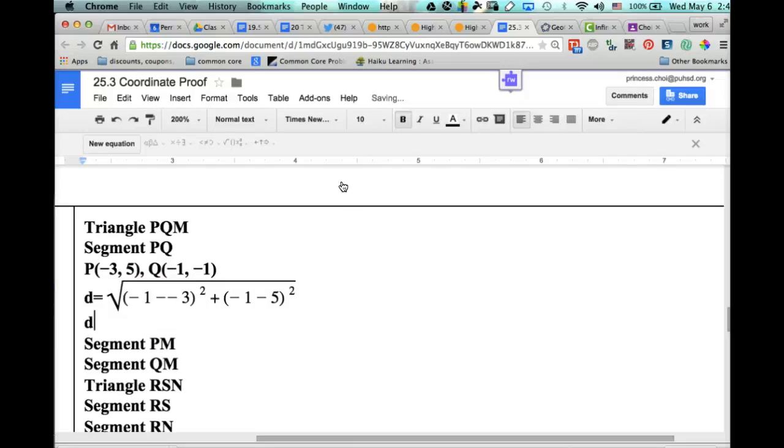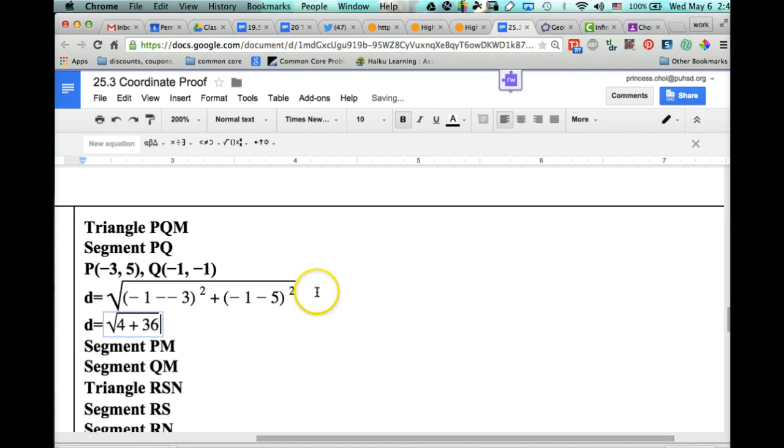So then now there you go. D equals what? The square root of these two becomes positive, so 3 minus 1 is 2, squared is 4, plus, this is -6, so -6 squared is 36, right?